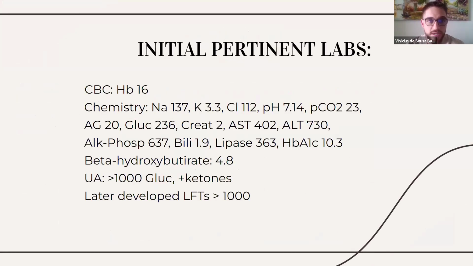To begin, let's start with some initial pertinent labs. The hemoglobin is 16, chemistry sodium of 137, potassium of 3.3, chloride of 112, pH of 7.14, PCO2 of 23, anion gap of 20, glucose of 236, creatinine of 2, AST of 402, ALT of 730, alkaline phosphatase of 637, total bilirubin of 1.9, lipase of 363, A1C of 10.3, beta hydroxybutyrate elevated at 4.8.